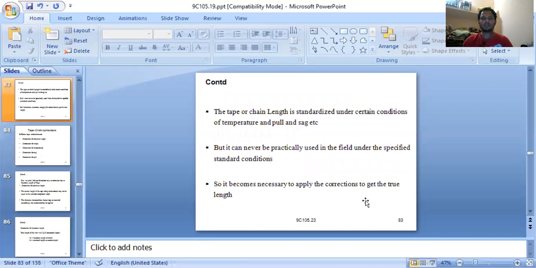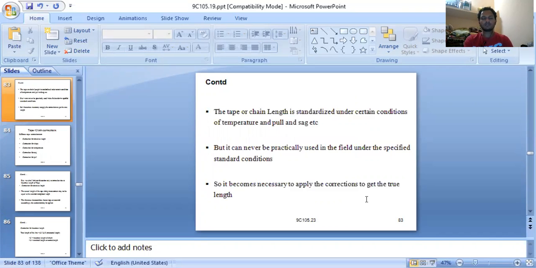The tape or chain length is standardized under certain conditions of temperature and pull and sag, etc. But it can never be practically used in the field under specified standard conditions, because some people may apply a different pull which is not equal to the standard pull. And the temperature conditions also vary in the field, which is not the standard temperature.